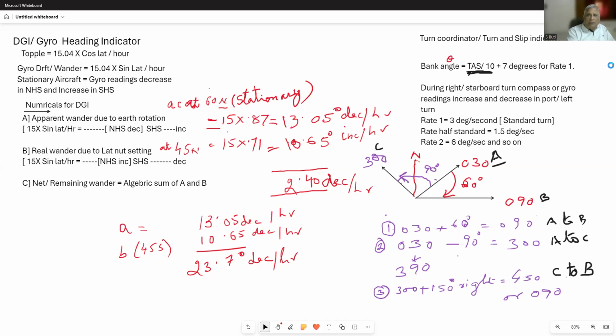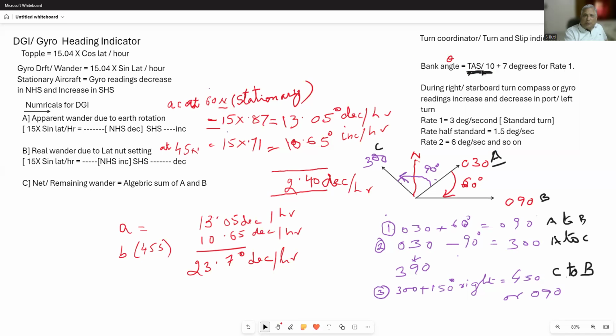Number one, let's tackle turn coordinator or turn and slip indicator. Numericals are sometimes asked regarding what should be your bank angle, theta. Your bank angle should be true airspeed by 10 plus 7 degrees for rate 1.